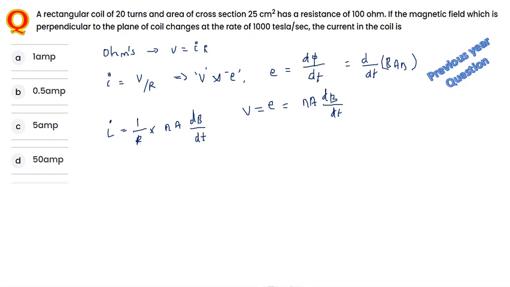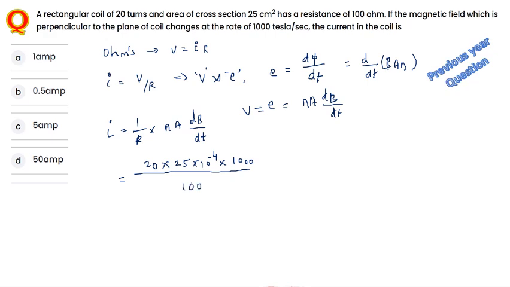Now all the values they have given. The number of turns n is 20 turns, and the area is 25 centimeter square, that is 25 into 10 power minus 4, and dB by dt they have given as 1000 Tesla per second, and the resistance they have given is 100 ohm.